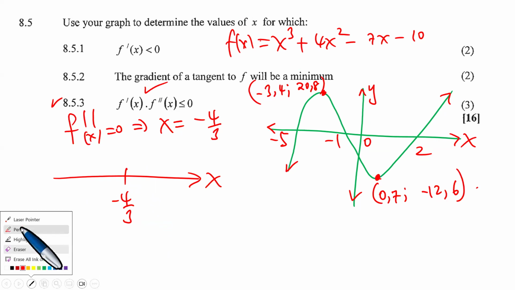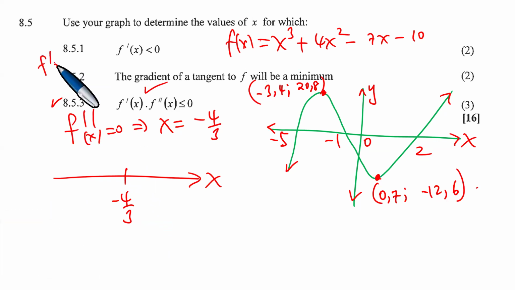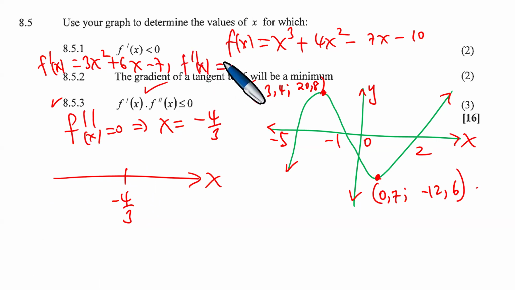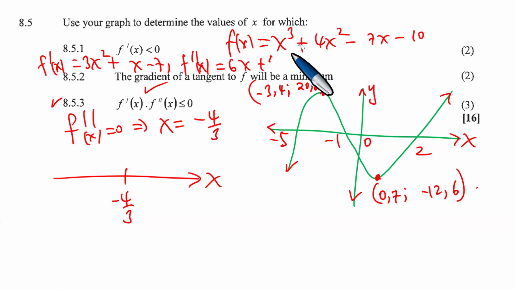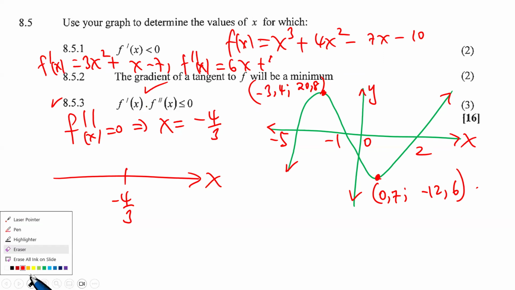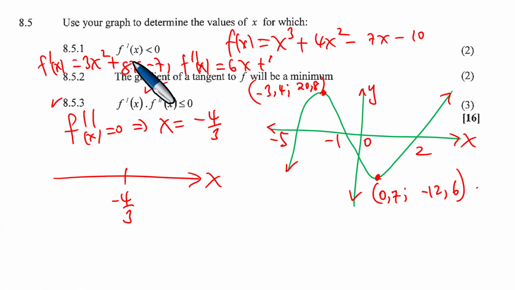Let us find the first derivative. So the first derivative is 3x squared plus 8x minus 7, and then the second derivative is 6x plus 8.